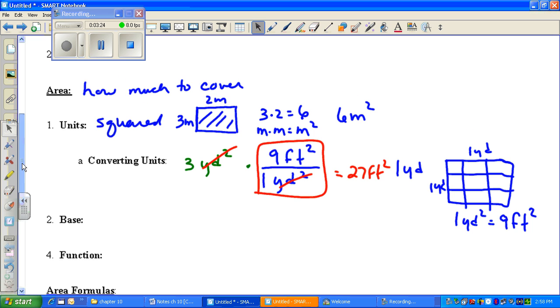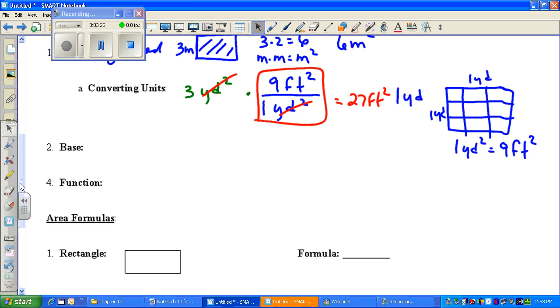A base of an object is what we're going to be looking at, and a base is going to be the side of the object that is parallel to something such as the bottom of the paper. So when we look at this, we're going to say, what does it sit on? Objects can be rotated, but what it sits on.